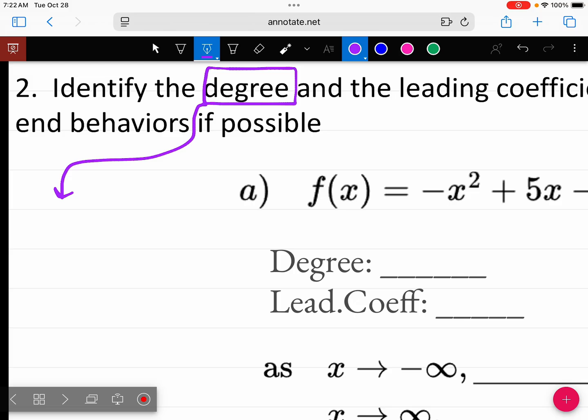It is 2. Our degree is our highest exponent. So it's always going to be whatever our biggest exponent is. So our degree is going to be 2.